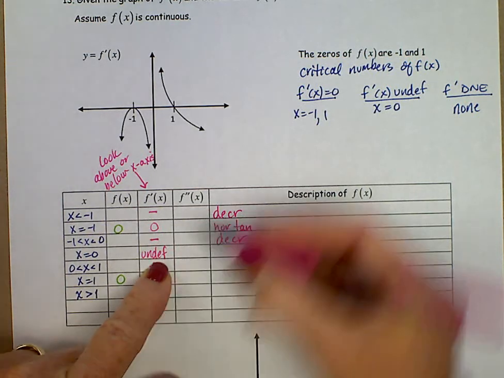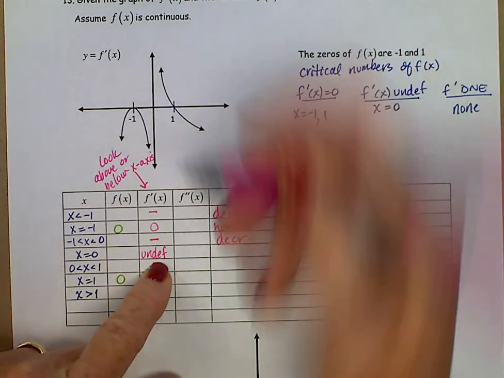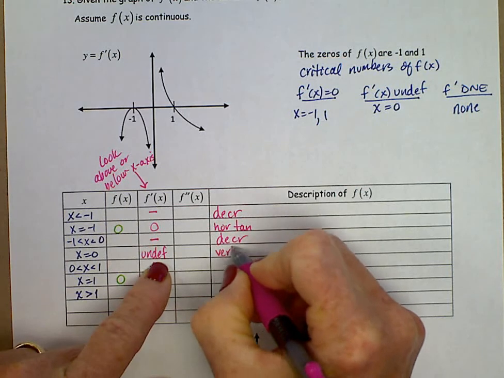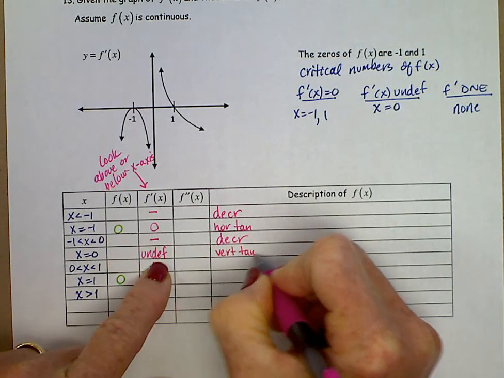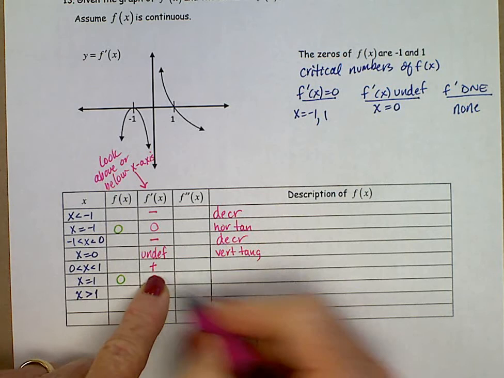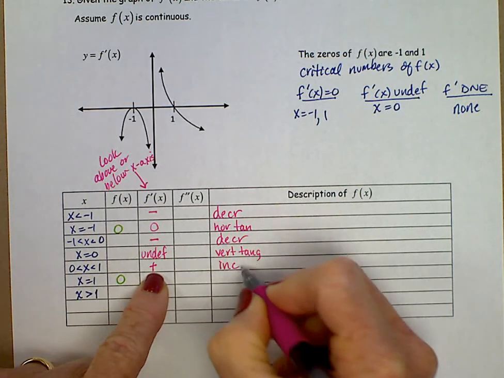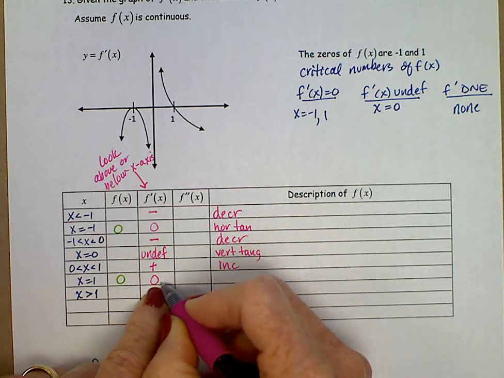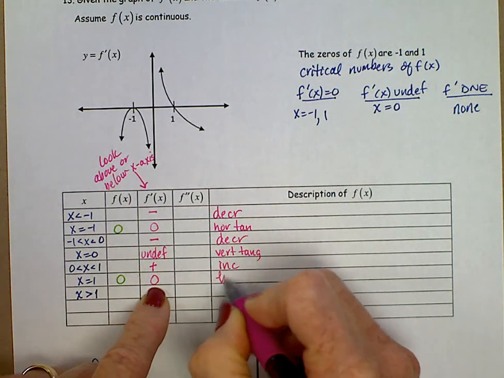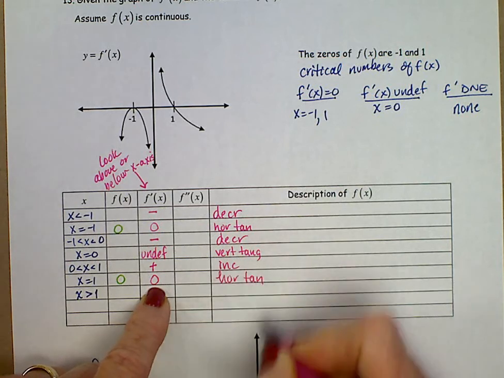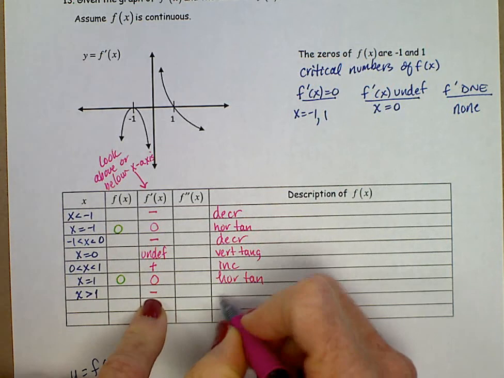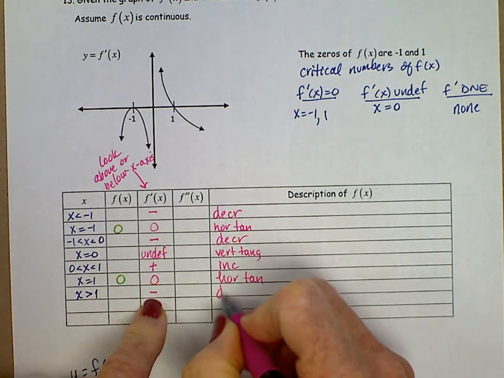All right, undefined because we're going toward these positive and negatives. That's leading us toward a vertical tangent of some sort. F prime positive means that f of x is increasing. F prime 0 means that f of x has a horizontal tangent. And f prime negative, again, means that f of x is decreasing.